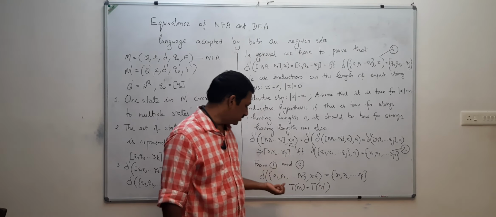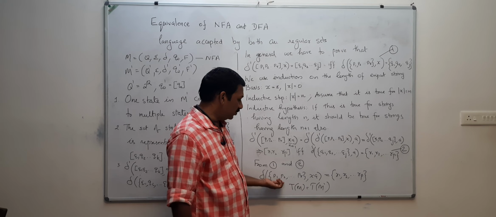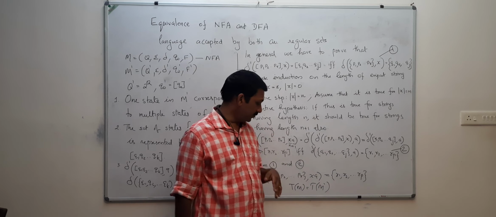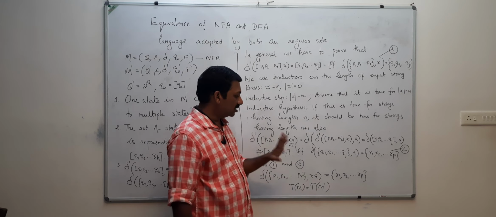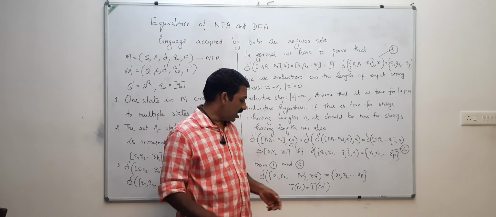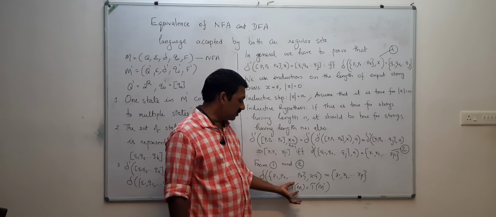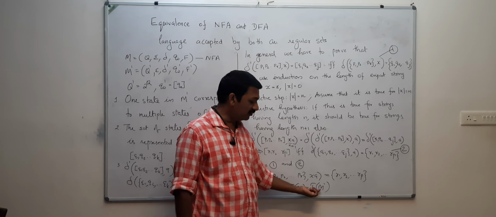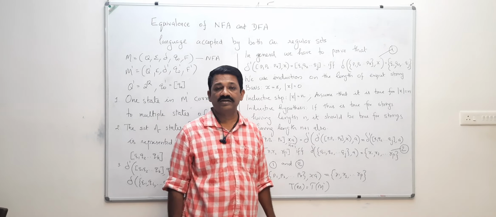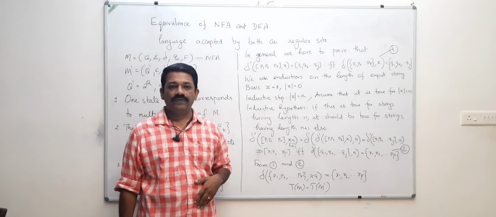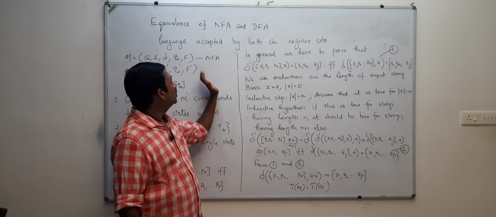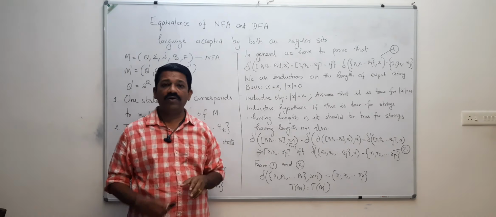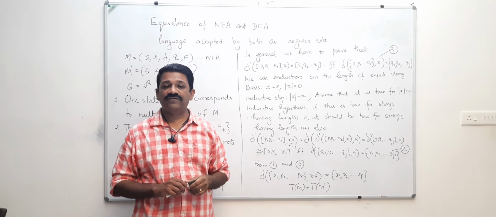Hence the theorem is proved and the language accepted by the NFA is the language accepted by M dash. With this, we have proved that the languages accepted by both NFA and DFA are equivalent.